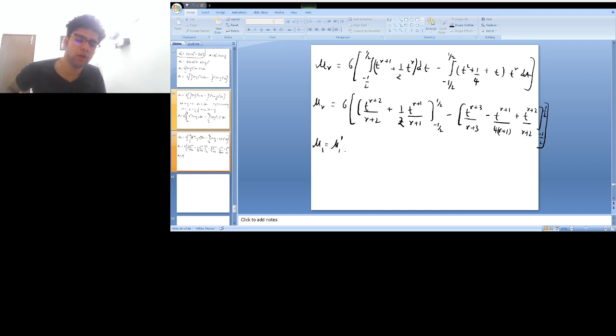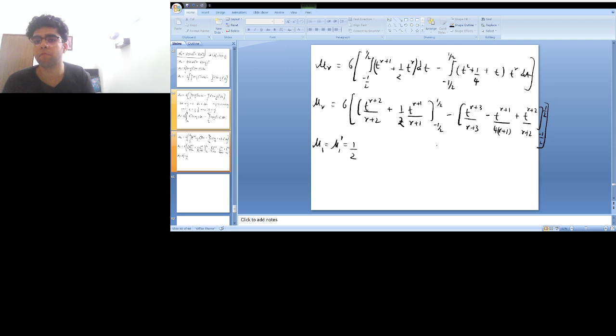So this should be equal to half. If all that I did above is correct, then on putting r is equal to 1, this will give me the first moment, and the first moment is the mean, which we found out to be equal to half. So if this expression after substituting r is equal to 1 gives me half, then I can conclude that the expression for the rth moment that I just found happens to be correct.